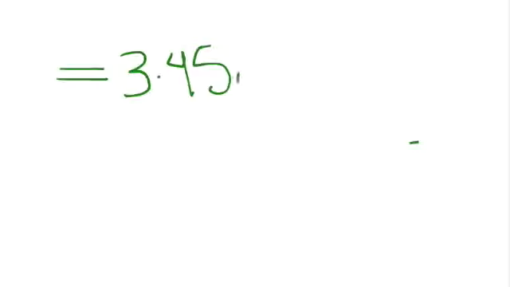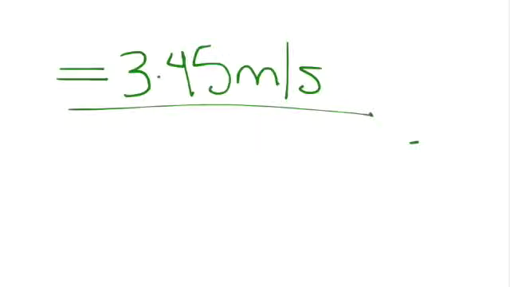So when you input that into the calculator, you get 3.45 meters per second. So that's your velocity at the top of a hill.